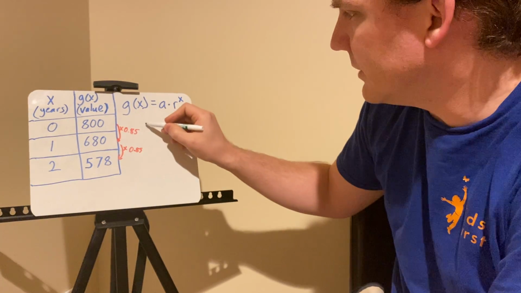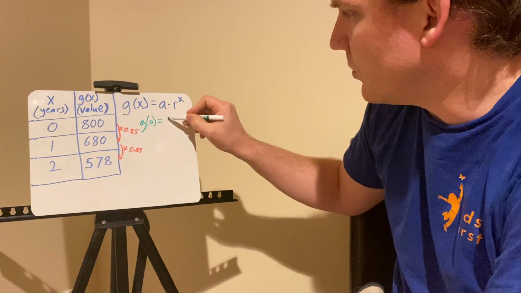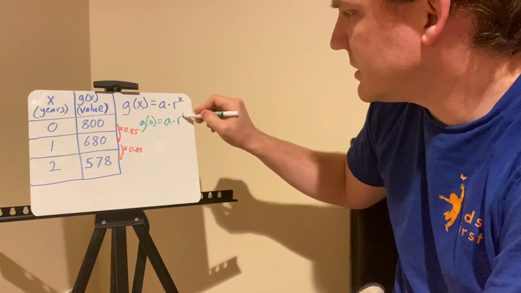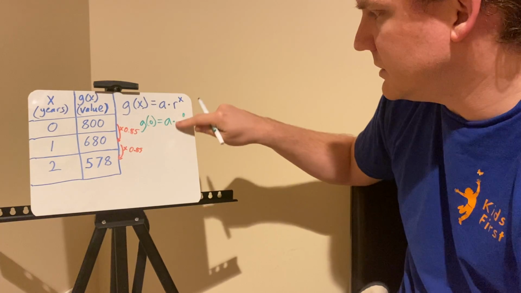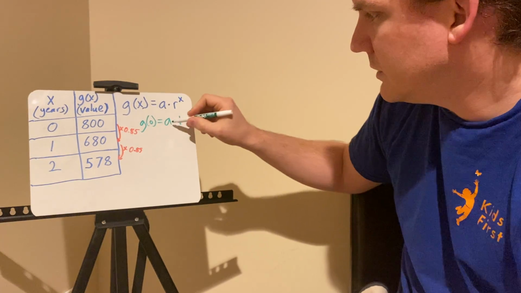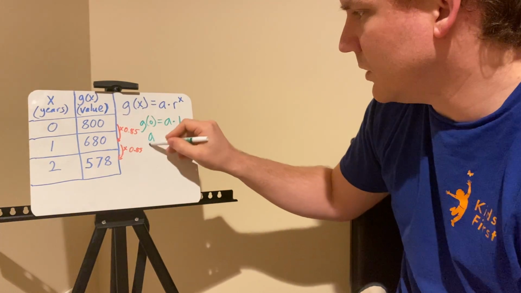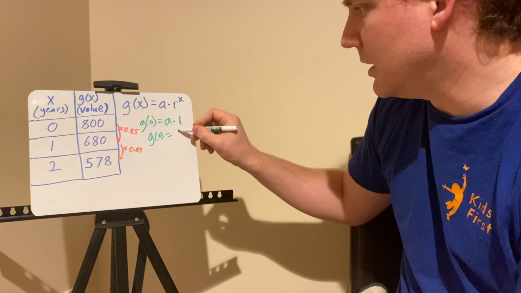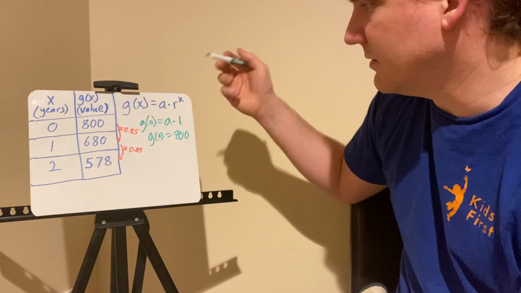When x is 0, g of 0 equals a times r to the 0. Well, r to the 0 is 1, so a times 1, so g of 0 equals a. And guess what? g of 0 equals 800. So a is like that initial value in this case.